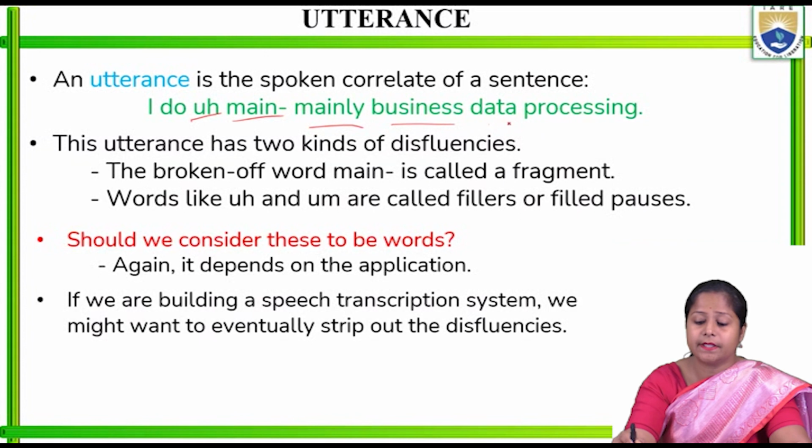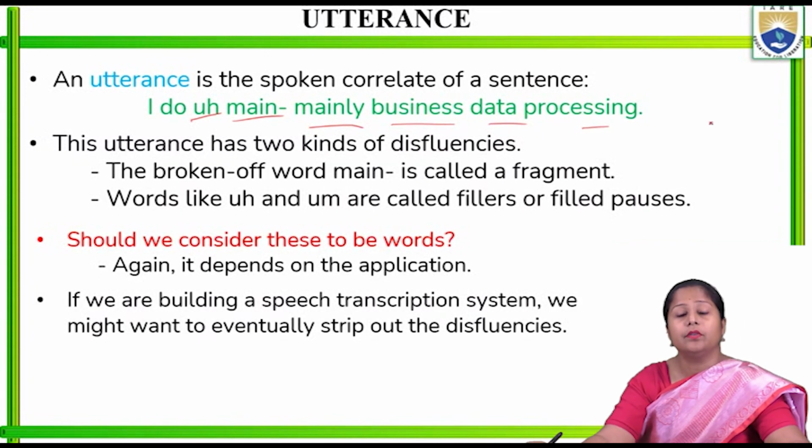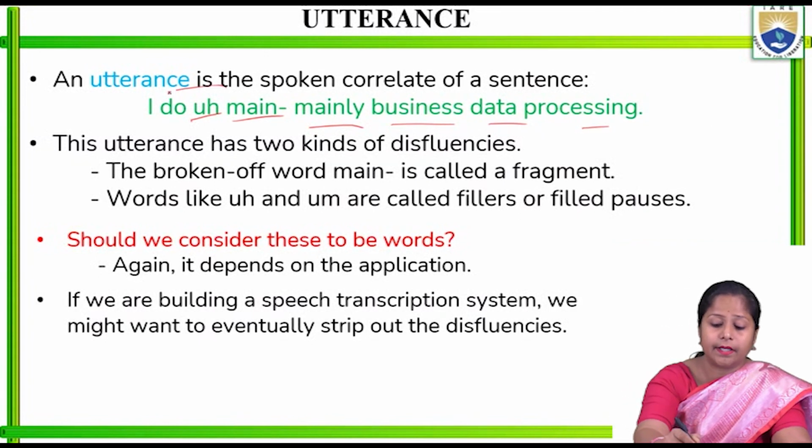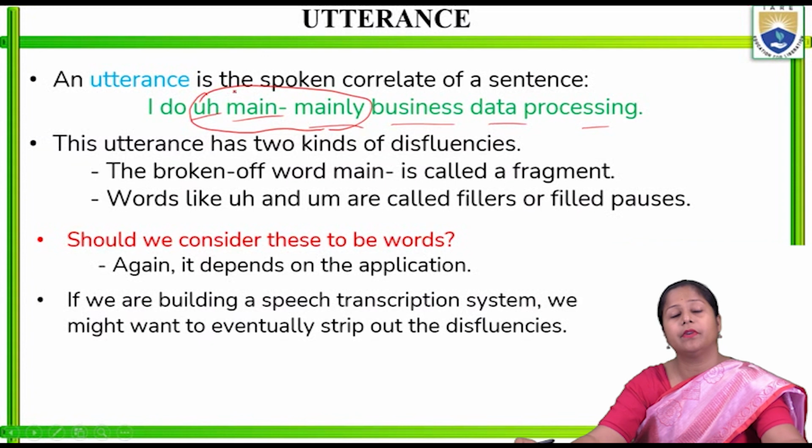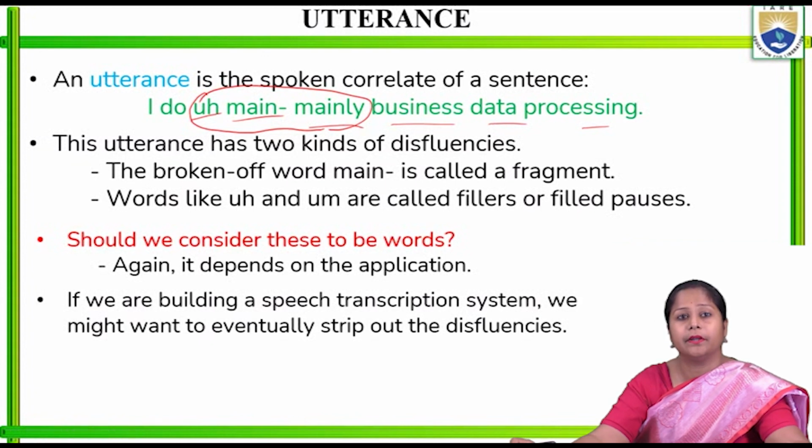mainly business data processing. Here we can see that after "do", some of the words are not complete. These are just making the utterance out of that sentence by the speaker, what he has spoken.